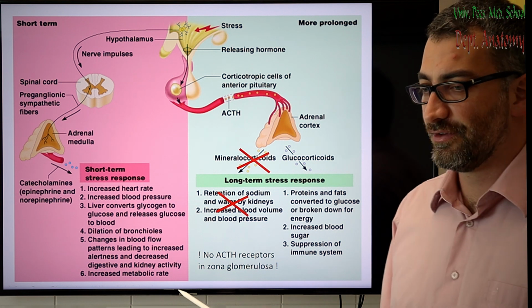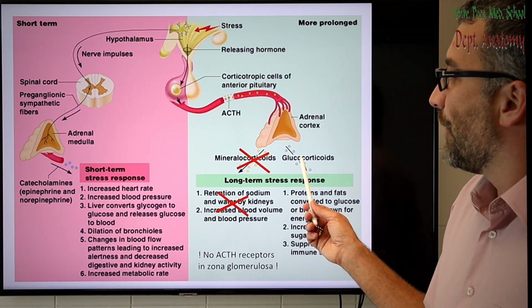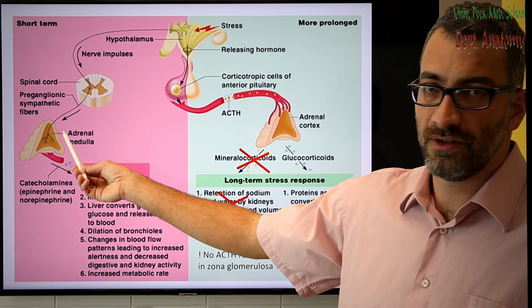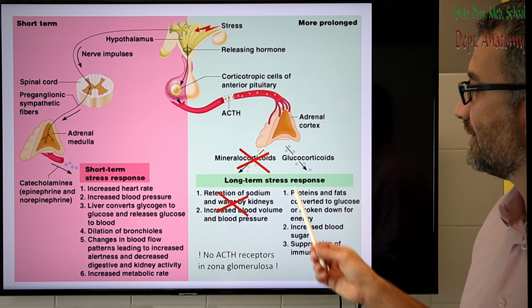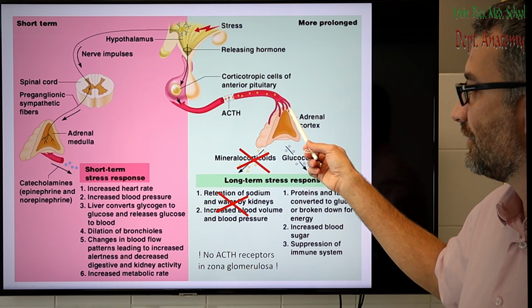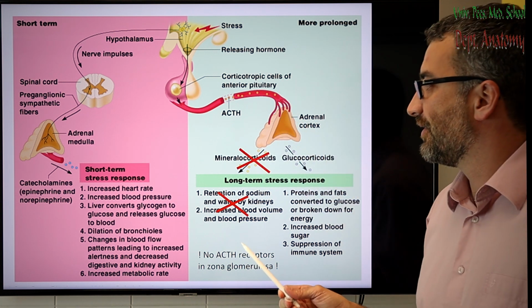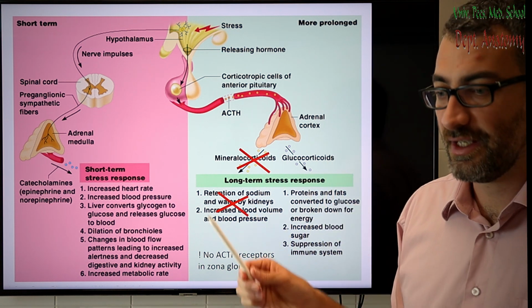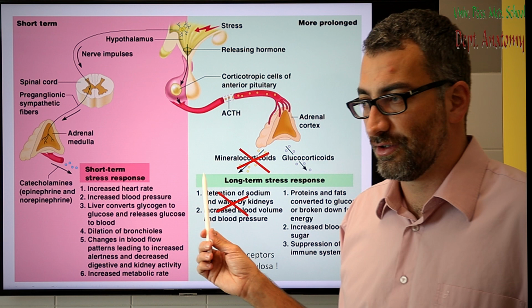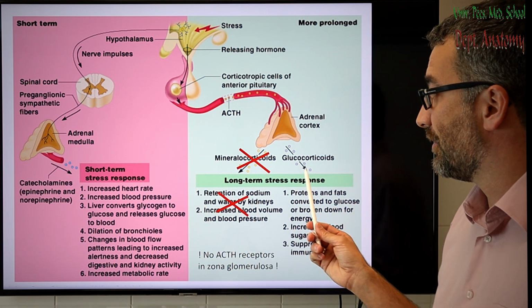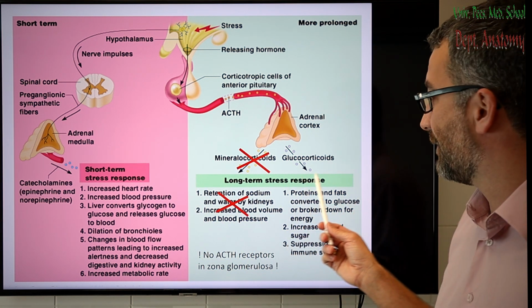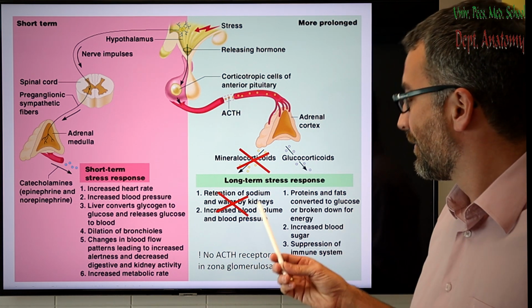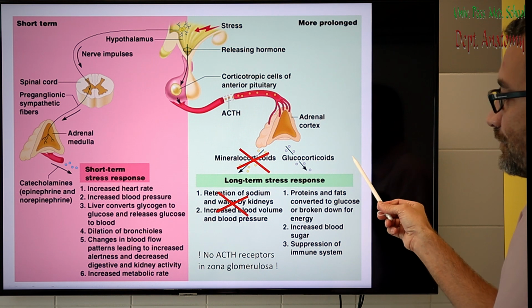This is a summary of the regulation of the adrenal gland, where we see on the left side the regulation of the medulla, and on the right side the regulation of the cortex. ACTH is the key regulatory hormone from the hypophysis, which regulates mainly the production of glucocorticoids. It has an effect also on the sexual hormones, the androgenic hormones of the zona reticularis as well, but their importance is not very prominent in adults.